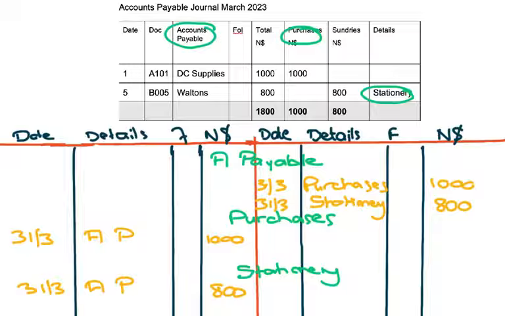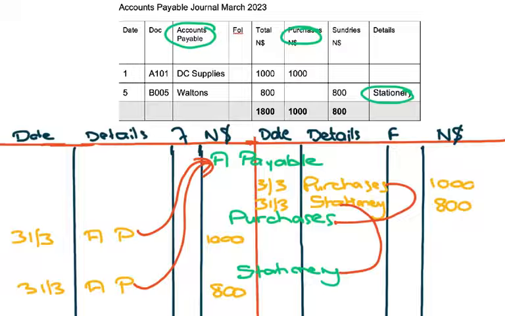If I look at my accounts payable account, my contra account is purchases. There's my purchases. My contra account, I have stationery. There's my stationery. If I look at my purchases account, my contra account goes to accounts payable, and also stationery also goes to accounts payable.